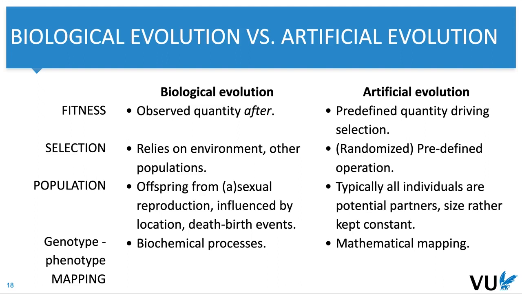The motivation is taken from biology, but they are different. So, for instance, the fitness function. A fitness function is a quantity that reflects the objective function, but also maybe some other aspects. In biological evolution, this is a quantity observed after some time.